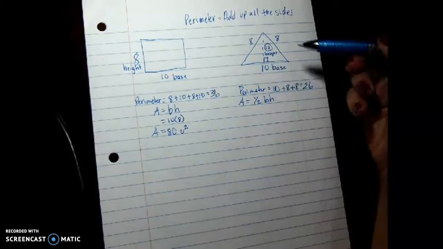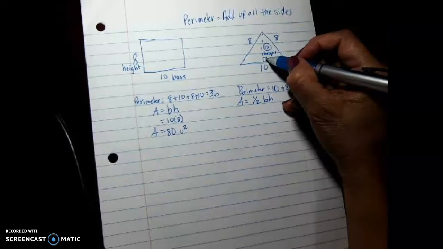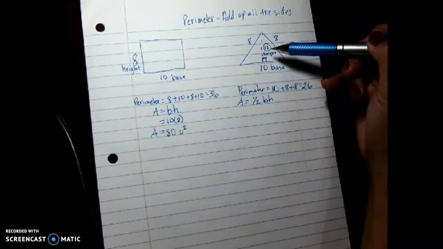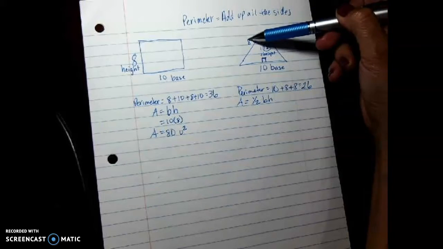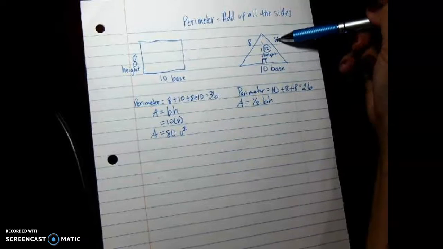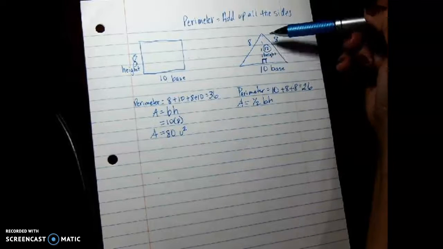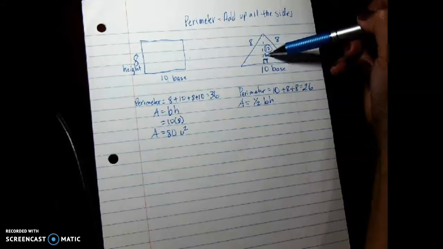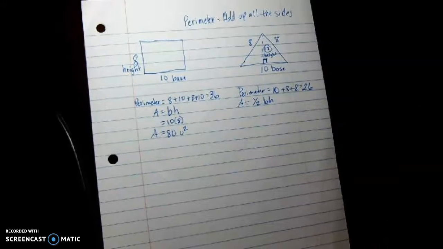Okay, you need to remember that the right angle creates the height, but these 8s are distractor numbers when it comes to the area. Now we use them for perimeter, but when it comes to area, the right angle creates the height, so these are distractor numbers.